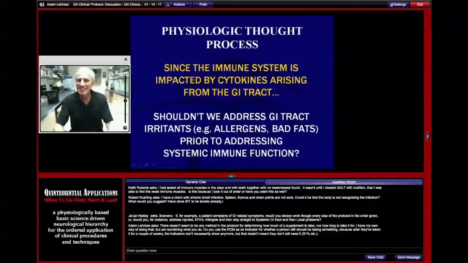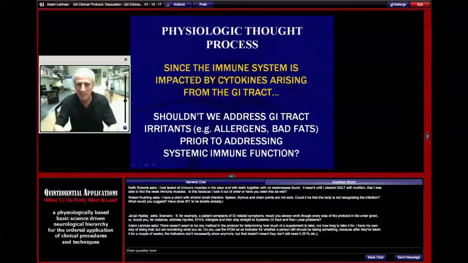So, since the immune system is impacted by cytokines, little inflammatory chemicals, arising from irritation in the GI tract, shouldn't we address GI tract irritants, for example, allergens, bad fats, prior to addressing systemic immune system function? This process of the clinical protocol is not put together haphazardly.